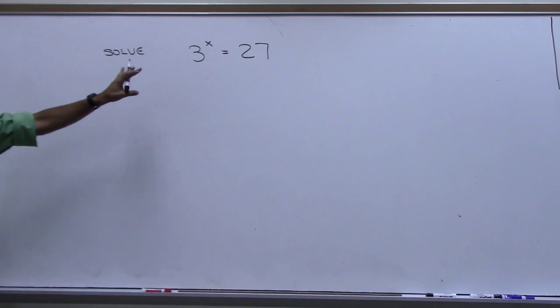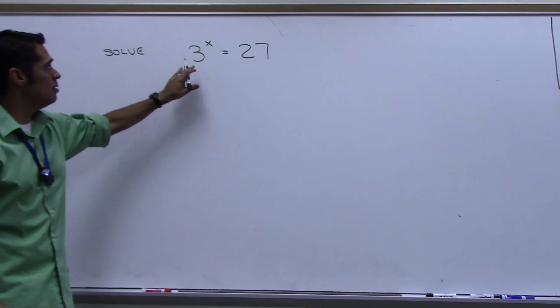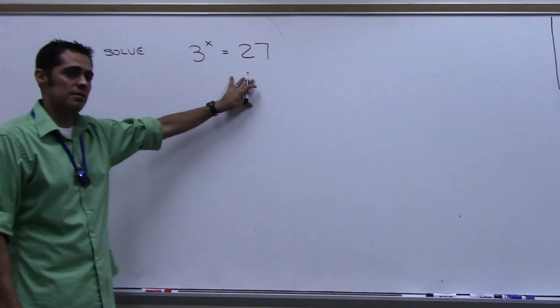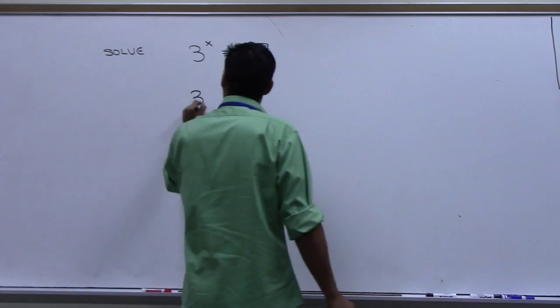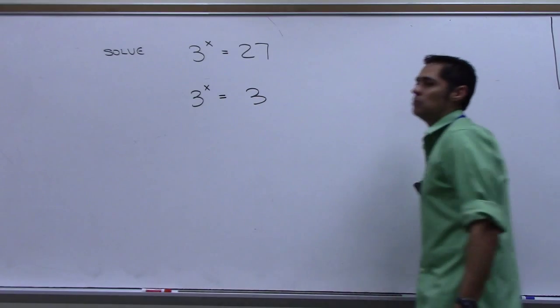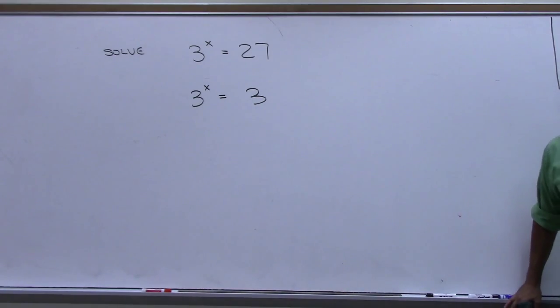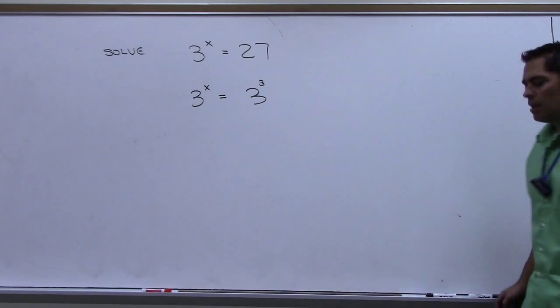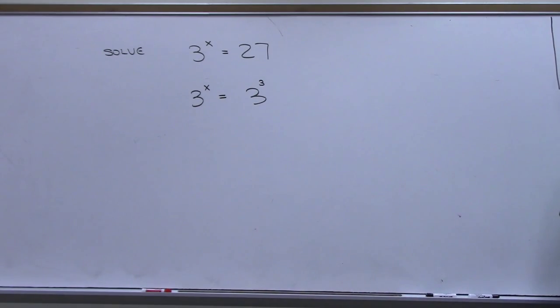If possible, we will try to write both sides of the equation with the same base. So can you rewrite 27 as 3 to a power? 3 to the 3. You see that? And then at this point, we do not need to do anything algebraically.